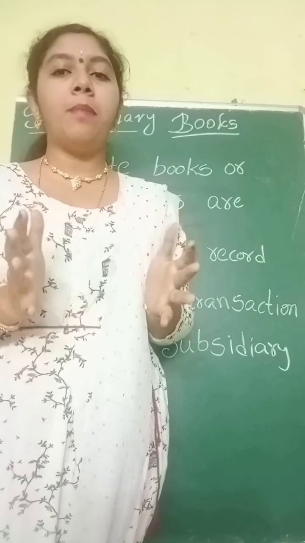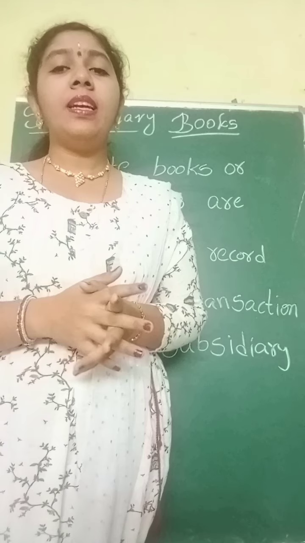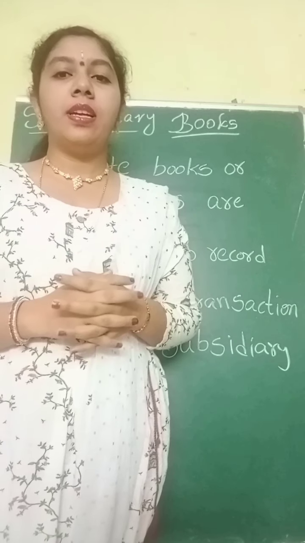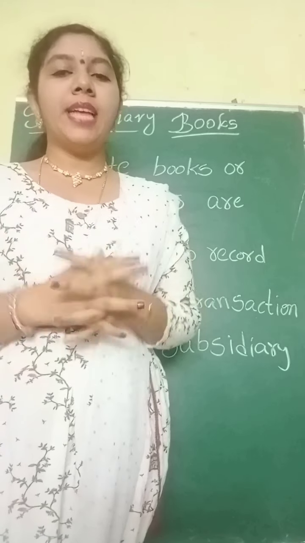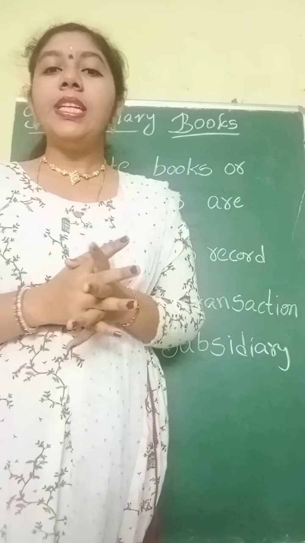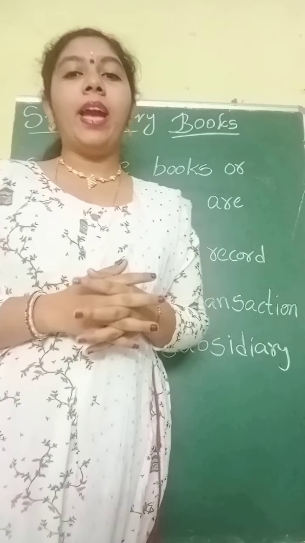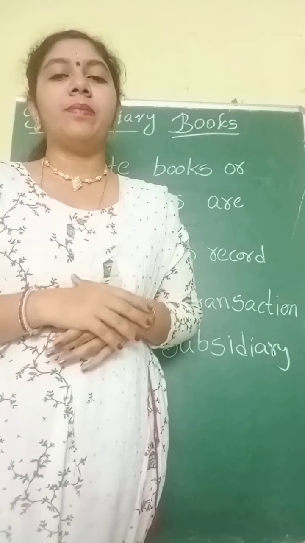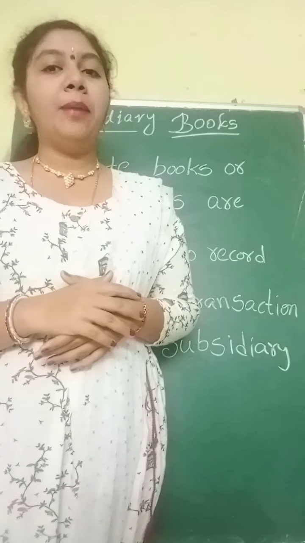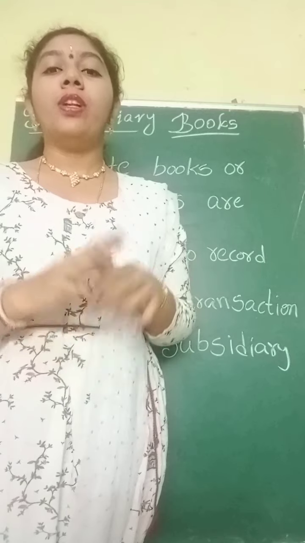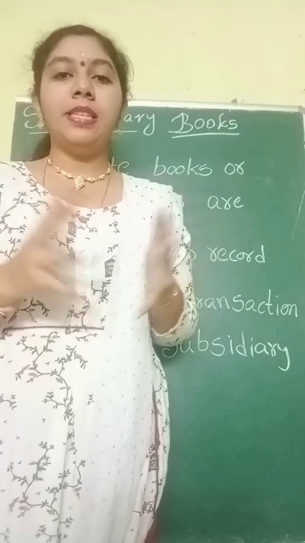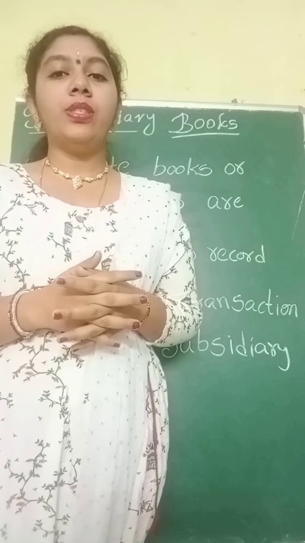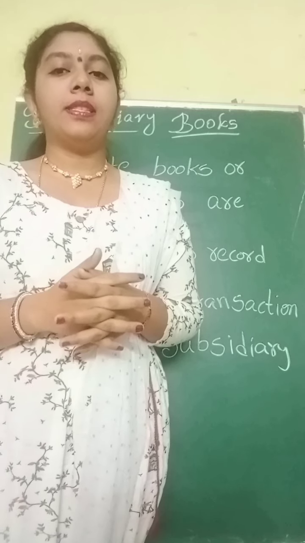A very big business has a large number of transactions, so it is very difficult to enter every transaction in a journal or ledger. It takes a lot of time. So for enhanced businesses, we are going to use subsidiary books.